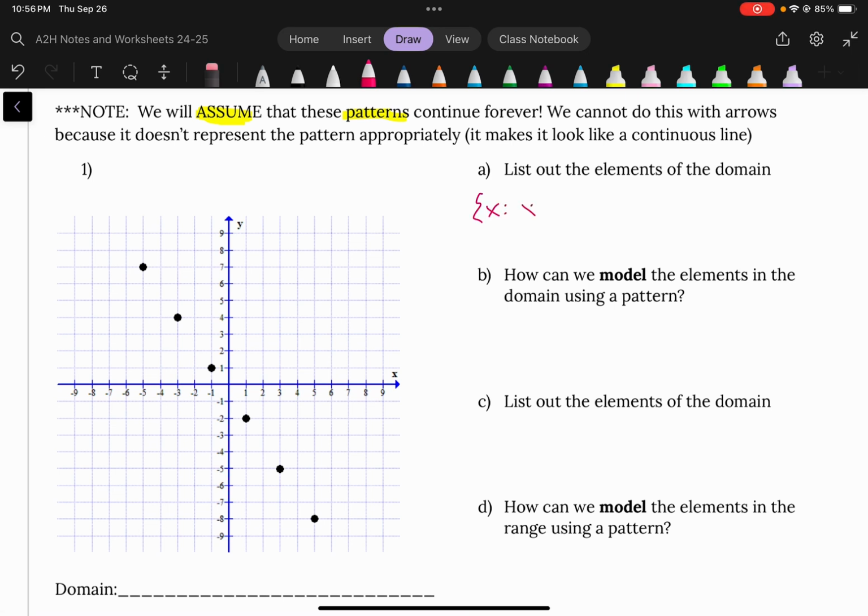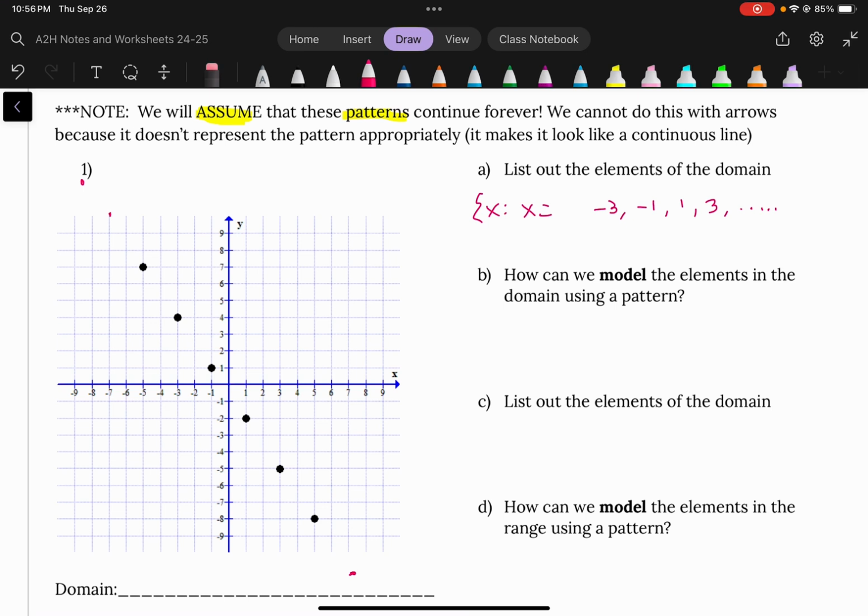This pattern's just going to continue, off of this graph, somewhere here, it's just going to keep going, 3, 5, 7. But I also have to realize that it goes on forever in the other way. This pattern continues forever in both directions. So technically it would be like this.